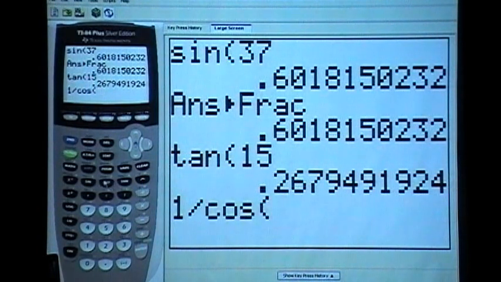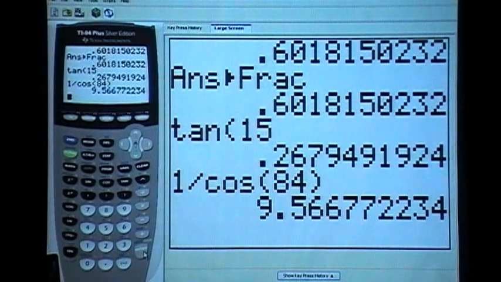We said 84 degrees. So secant of 84 degrees is the same thing as 1 over cosine of 84 degrees. So we evaluate that, and it comes out to be 9.567.